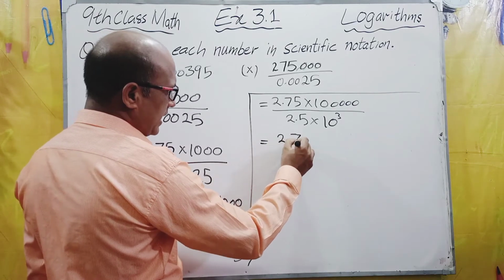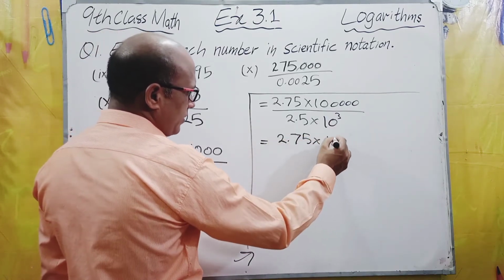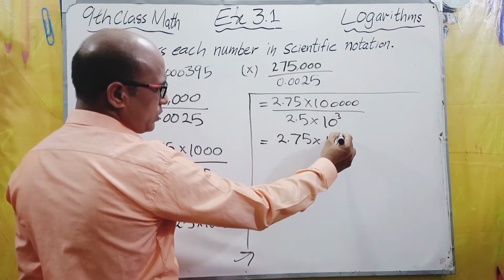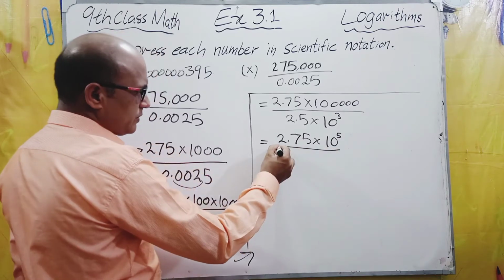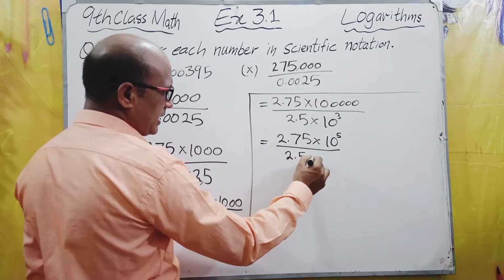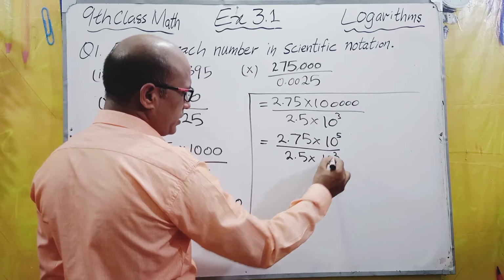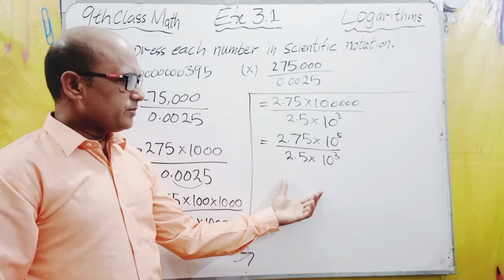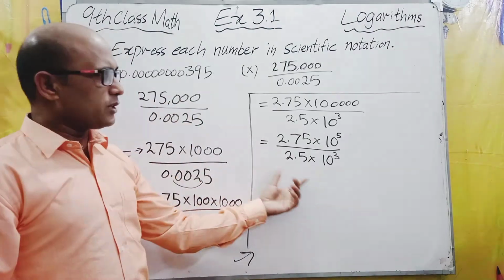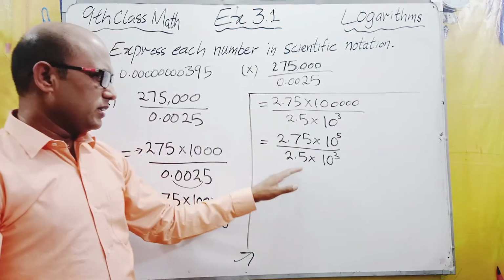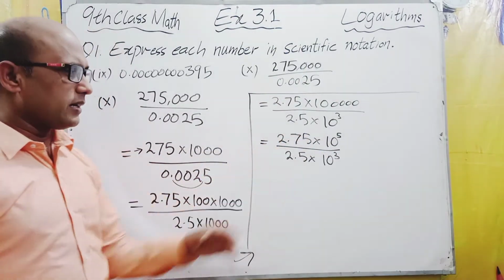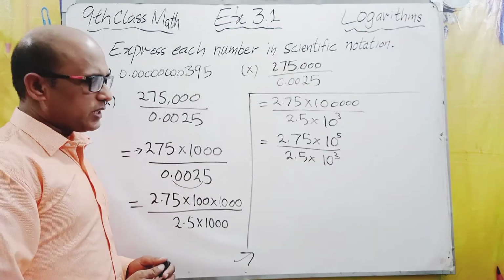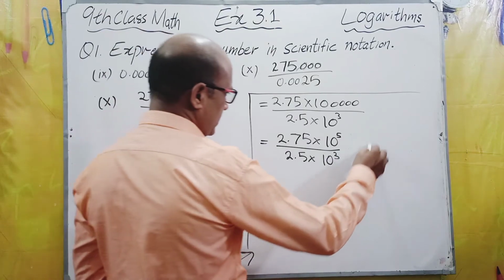So in the numerator, because there are 5 zeros, we write power 5 here, and 2.5 multiplied by 10 power 3 below. So this number is expressed in scientific notation. In the numerator and denominator we have converted separately into scientific notation. So this is the answer.